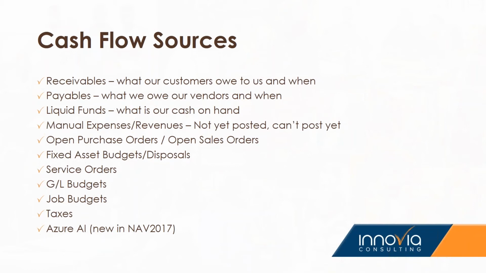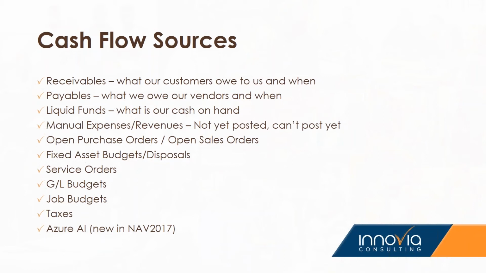It also looks at open purchase orders and open sales orders. We can have fixed asset budgets and disposals that would be included. If you're using the service management functionality, it looks at service orders that are out in the system. Again, we could use GL budgets. We could use job budgets if you're using the job functionality.